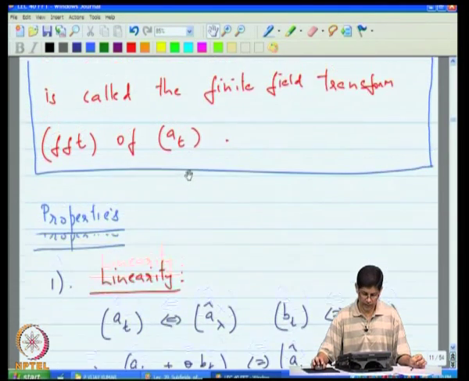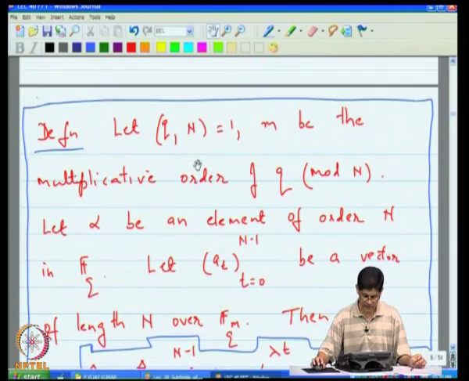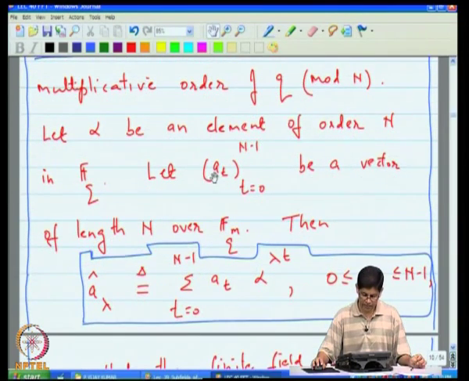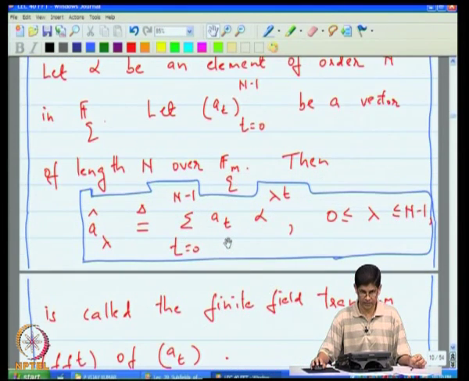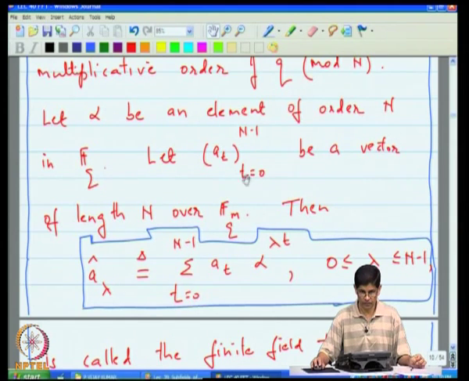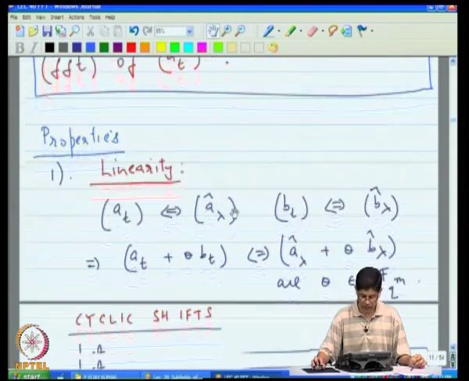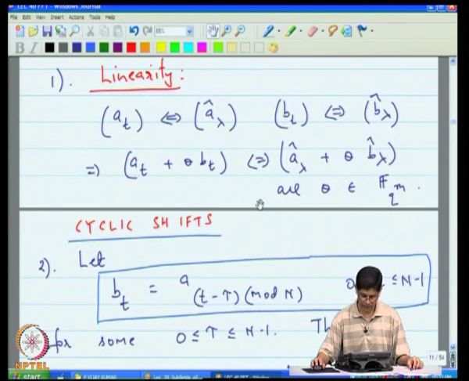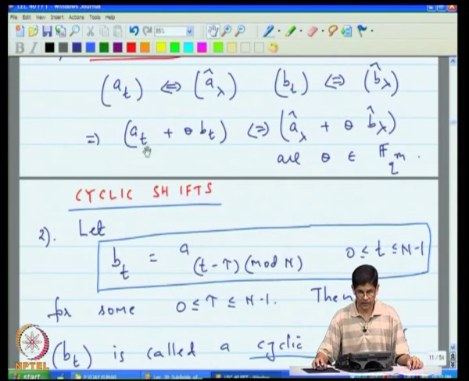Well, in this discussion a and b all belong to the larger field. There is a ground field and there is a big field, the ground field being F_q, the big field being F_q^m. Here all our discussion is about the big field F_q^m. So if a_t and b_t are sequences in the big field and theta also belongs to that big field, then the transform of this sequence, which is a linear combination of a and b, has this transform: a_t is replaced by A hat of lambda, b_t by B hat of lambda.